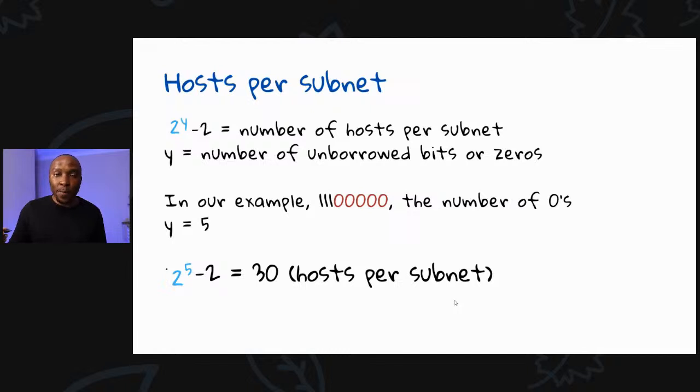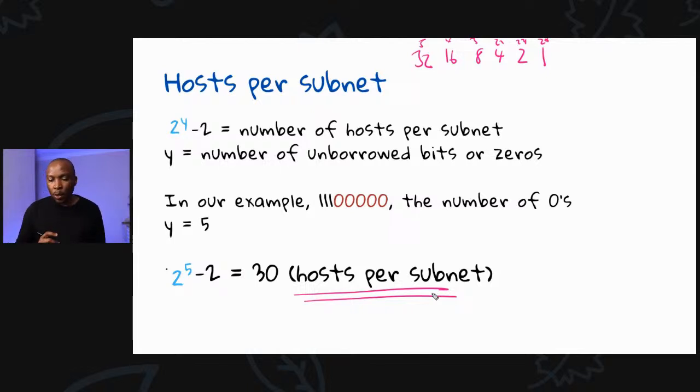Remember, 1, 2, 4, 8, 16, 32, which is 2 to the power 0, 1, 2, 3, 4, 5. So 32 minus 2 gives us 30 hosts. So when we borrow 3 bits, we create 8 networks, and each network will have 30 hosts per subnet.